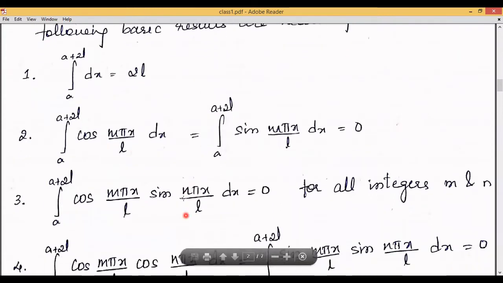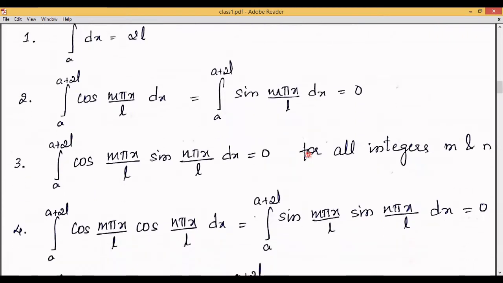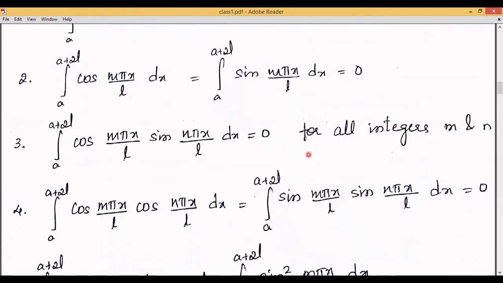The first formula: integral a to a plus 2L dx is equal to 2L. The second one: integral a to a plus 2L cos m pi x by L dx is 0, and integral a to a plus 2L sin n pi x by L dx is equal to 0. These are taken from the reduction formula, which you have learned in previous semesters. Third one: integral a to a plus 2L cos m pi x by L sin n pi x by L dx is equal to 0 for all integers m and n.